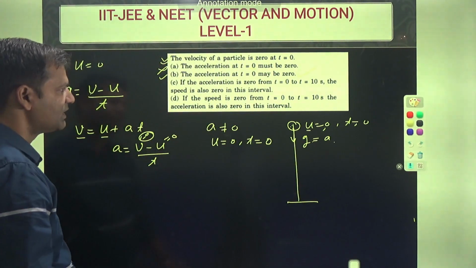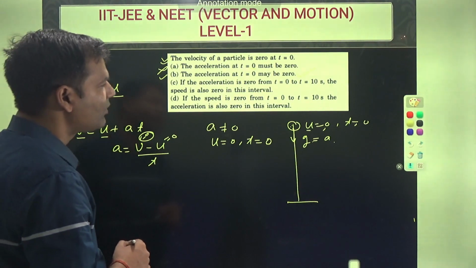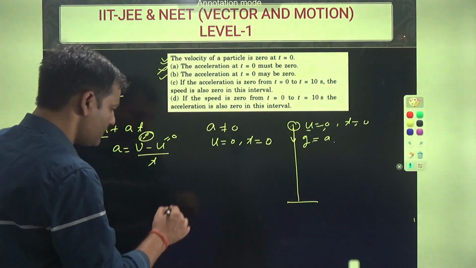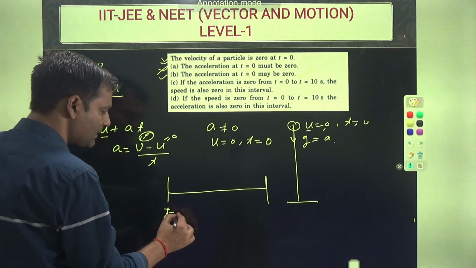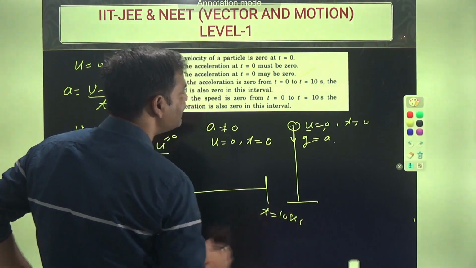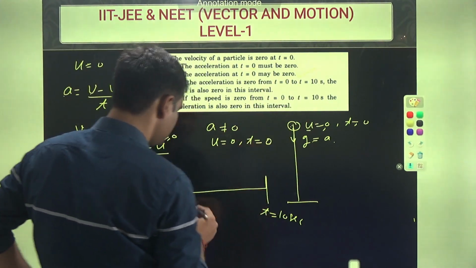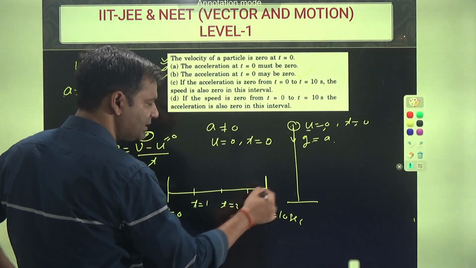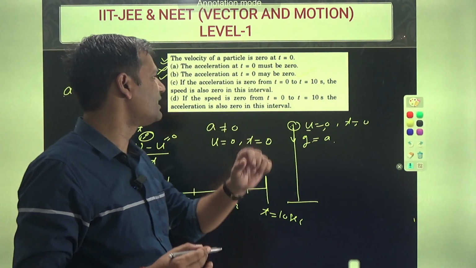Now the next one: if the acceleration is 0 from t = 0 to t = 10 seconds, that is, t = 1, 2, 3, 4, 5, 6, 7, 8, 9, 10, the speed is also 0.